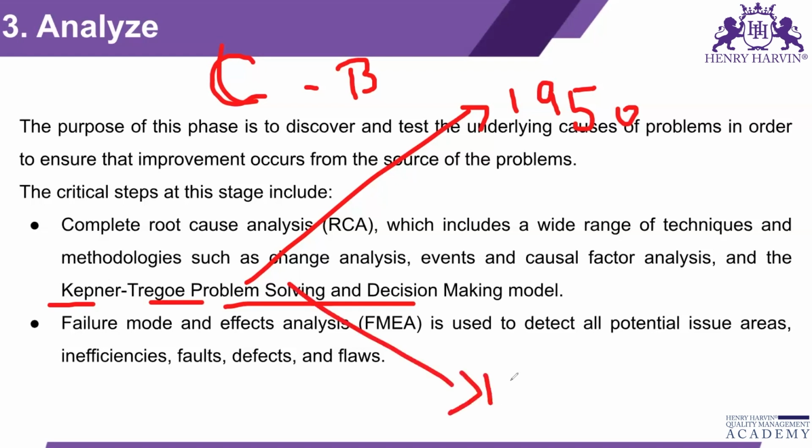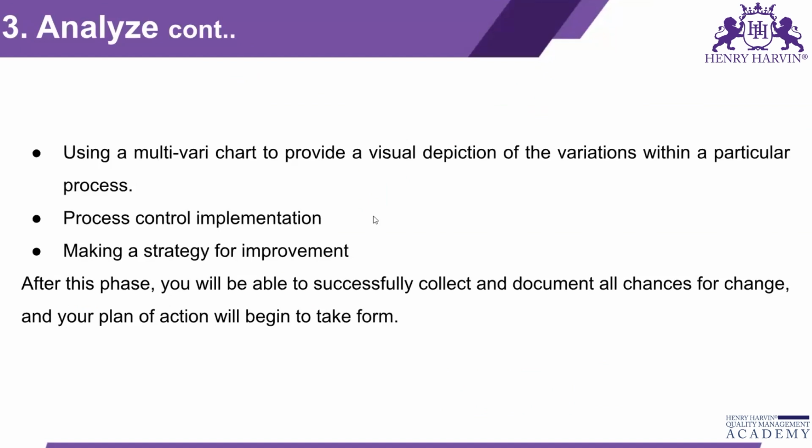Together they created this technique, a model called the Kepner-Tregoe model. Please make a note, it is also termed the KT model. We will cover it in the next module. We are just introducing it now. Clear? Okay. Next one.